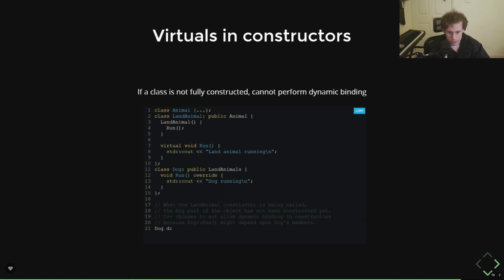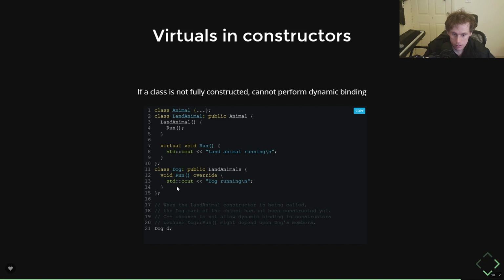That's pretty straightforward. And a note here is that if a class is not fully constructed, we cannot perform dynamic binding. So in this case here, I've got my animal class. I have a land animal class whose constructor all it does is call run, which just calls this function here, land animal running. And then I have a dog class that also just calls run.